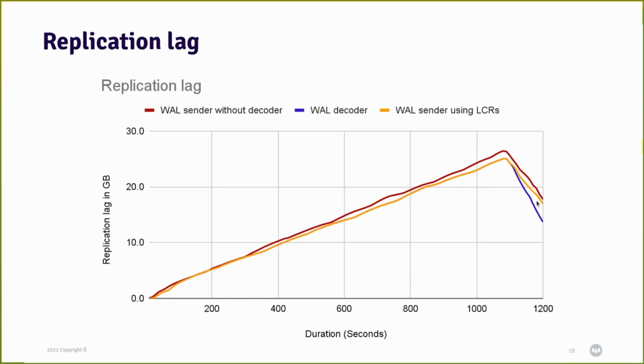So this gives us a hint that if we can improve the rate of logical decoding, then automatically the replication lag itself will come down, because the WAL sender will anyway be able to keep up with the WAL decoder. And we'll talk about it somewhat at the end. So the technology improved CPU usage, and it also improved replication lag.